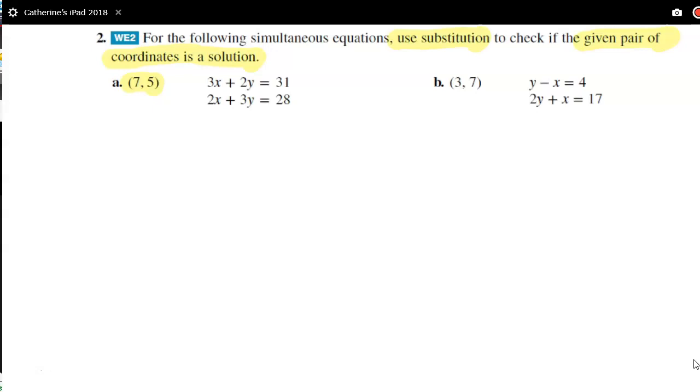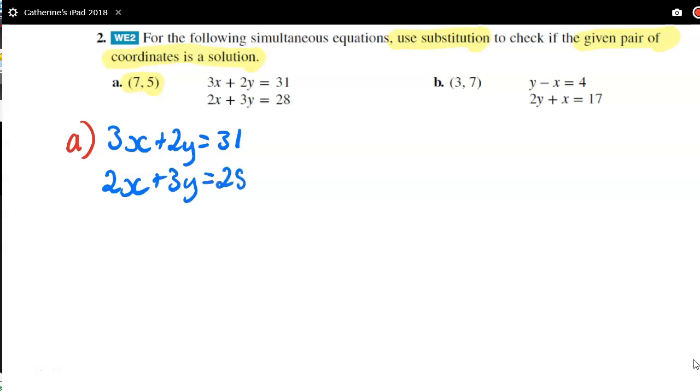So let's do it for this first one, A. I've got 3x plus 2y equals 31, and 2x plus 3y equals 28, and we're subbing in 7 and 5. I'll call that equation 1 and equation 2.